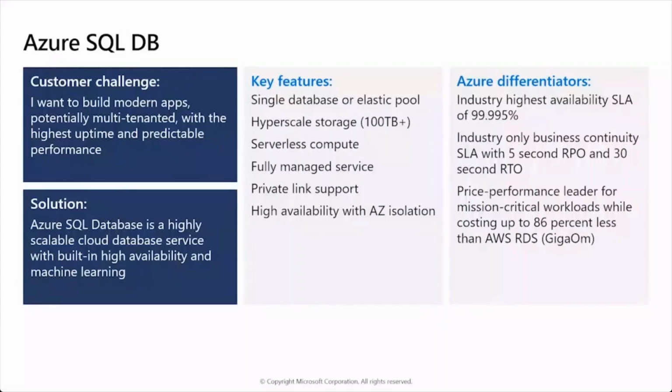With advanced threat protection, you can continuously monitor your databases for suspicious activities and get immediate alerts on any potential security incidents like SQL injection attacks. And the alerts can also provide details on these suspicious activities as well as recommendations on how to investigate and mitigate those threats.